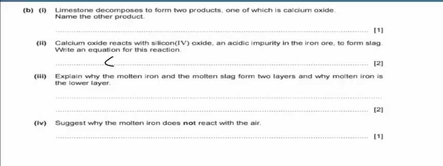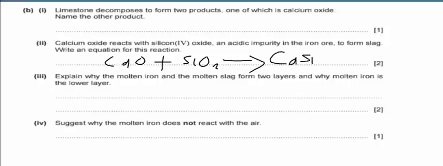So we have calcium oxide being reacted with silicon 4 oxide. And what is going to be formed here is calcium silicate. So that is how we write the equation for the reaction of calcium oxide and silicon 4 oxide.